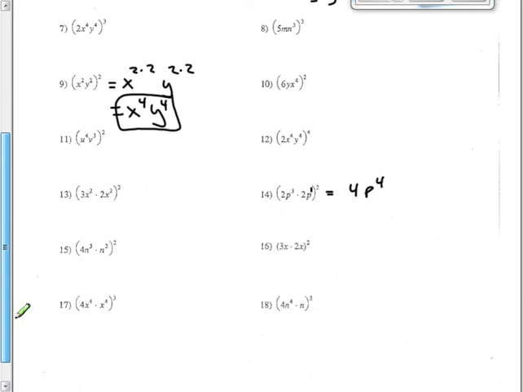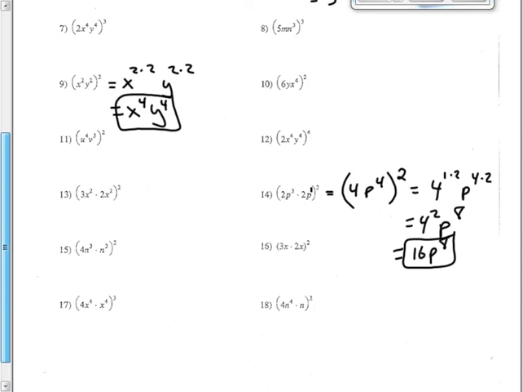I'm adding those two exponents together. They're like bases, add the exponents together. And all of that is still to the second power. So now I get 4 to the 1 times 2, and then p to the 4 times 2, which gives me 4 to the second, and p to the 8th. 4 to the second is 16, then I get 16p to the 8th. Okay, using these exponent rules.